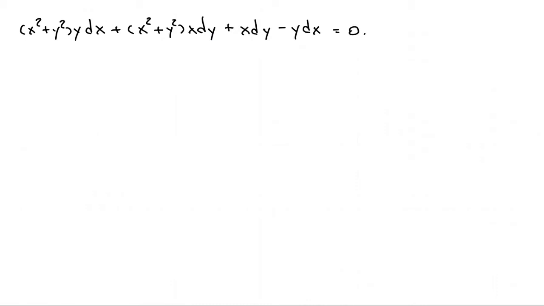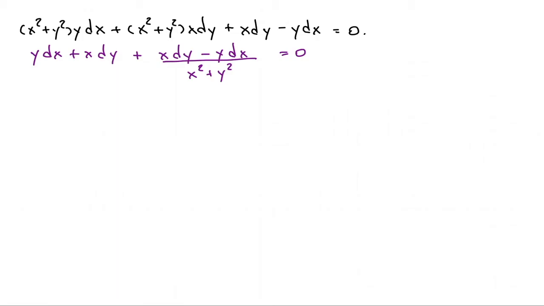So guys, I will divide the whole equation by x squared plus y squared. So I have y dx plus x dy plus x dy minus y dx divided by x squared plus y squared equals 0.